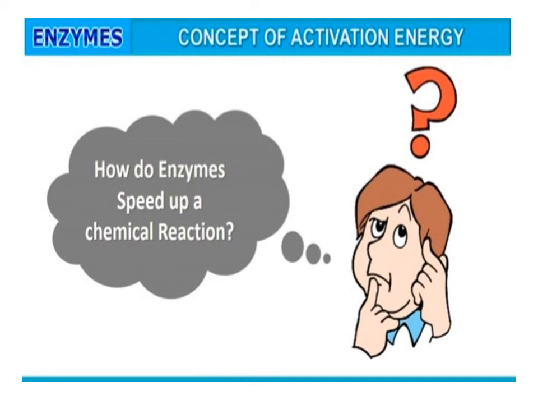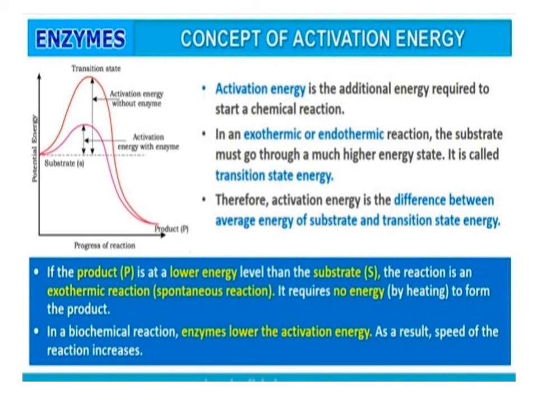How do enzymes speed up a chemical reaction? Concept of activation energy. The catalytic action of an enzyme can be described as follows. The substrate binds to the active site of the enzyme.